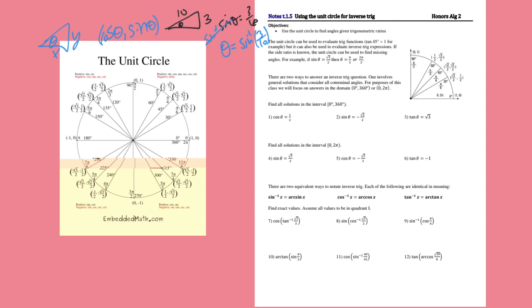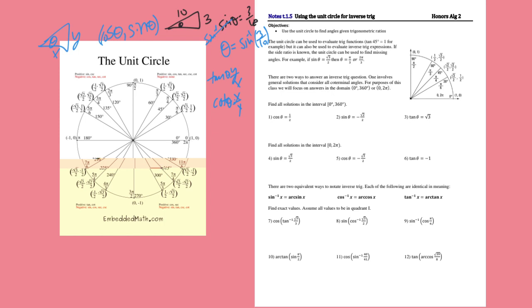If you want to talk about tangent, it would be y over x, so you can write those down: tangent is going to be y over x. And of course, cotangent would be x over y. Then we also have the secant and the cosecant.